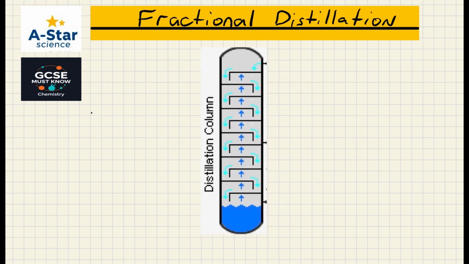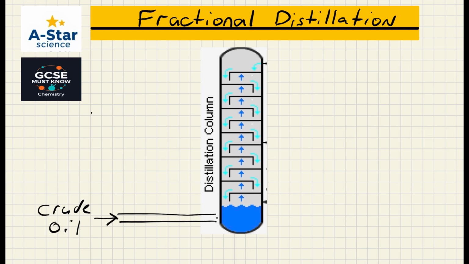Okay, so let's look more specifically at how fractional distillation is carried out. So on the picture, you'll see that we have a distillation column, and these distillation columns used in industry to separate and do fractional distillation for crude oil are very, very large. And so what first happens is the crude oil is sent into the fractional distillation column.